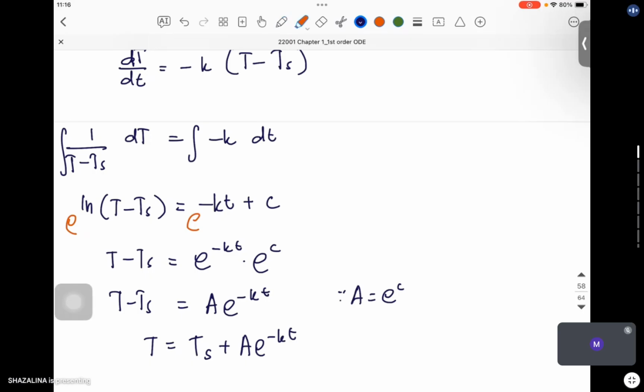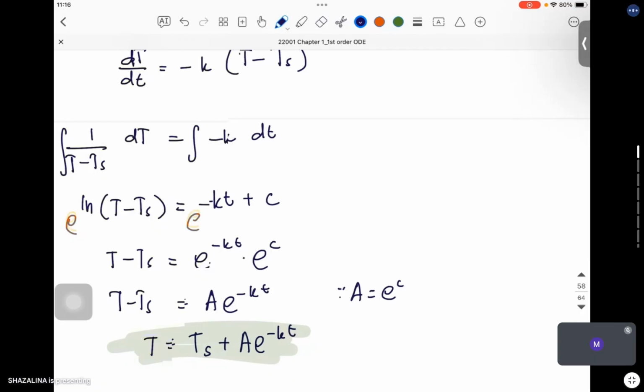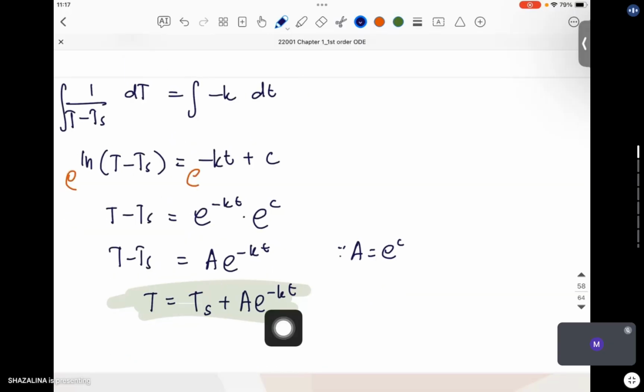So this equation represents, ini represent apa? It represents the temperature of the body at time t. So if the question asks you about the temperature of the body, then you can calculate based on this equation. Ts is given in the equation, A and k you need to calculate based on conditions.